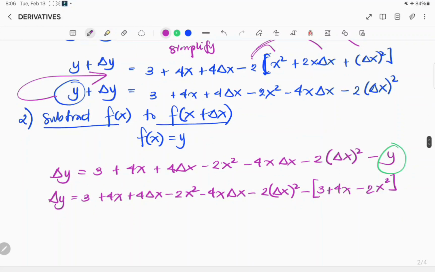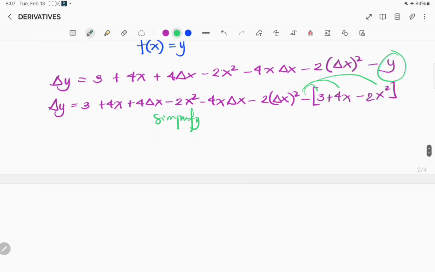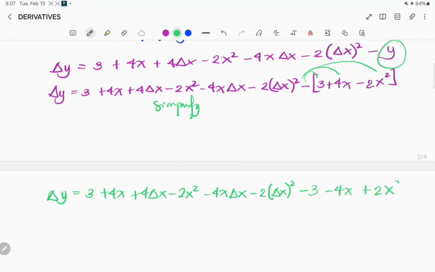And then we simplify the right side of the equation. Simplifying this will lead us to distribute this negative sign outside this bracket. So rewriting the other terms and distributing that negative inside that trinomial will give us change of y equal to 3 plus 4x plus 4 change of x minus 2x squared minus 4x change of x minus 2 change of x squared minus 3 minus 4x plus 2x squared.